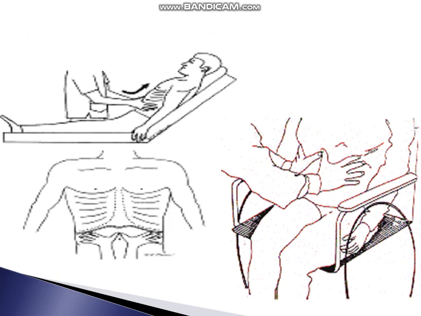At the end of expiration, the therapist applies a quick manual stretch. You can see the placement of the hands, a quick manual stretch downward and inward towards the patient's navel to facilitate a stronger diaphragmatic and intercostal muscle contraction during the succeeding inhalation.